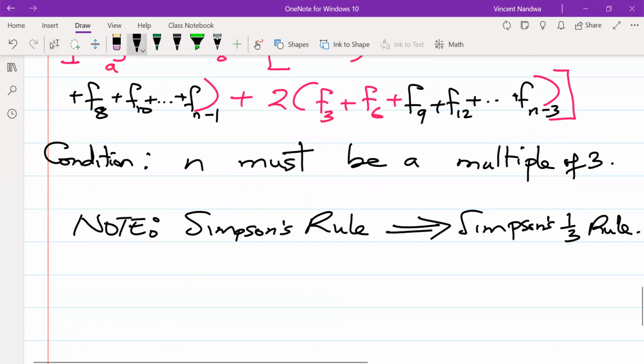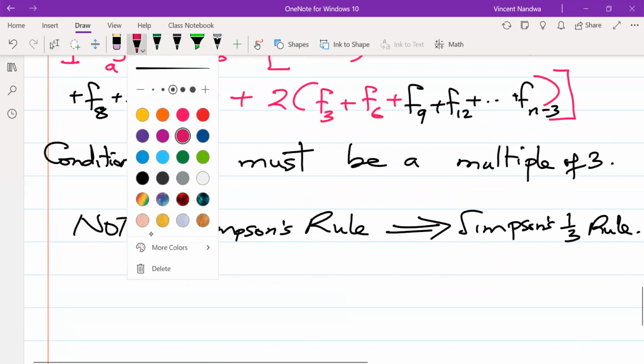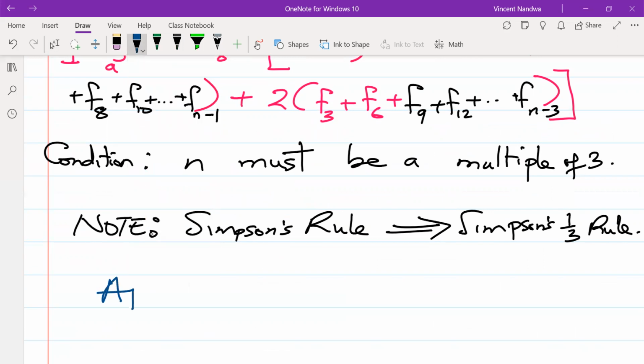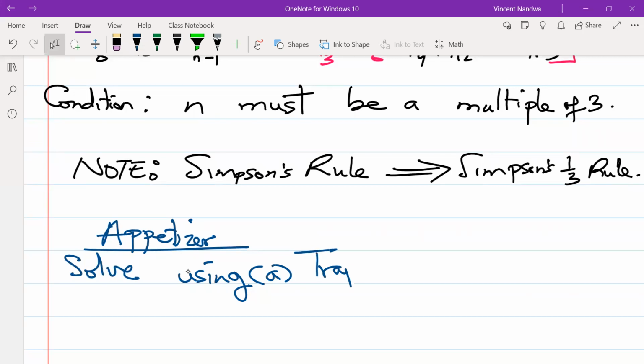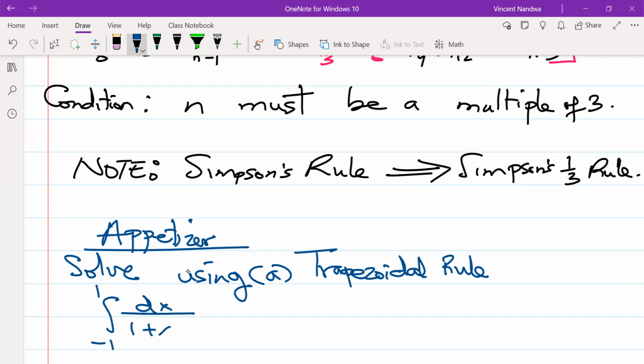So small break. When you come back, or during this break, I want us to discuss this problem. Solve using the trapezoidal rule the integral from -1 to 1 of dx over 1 plus x squared.